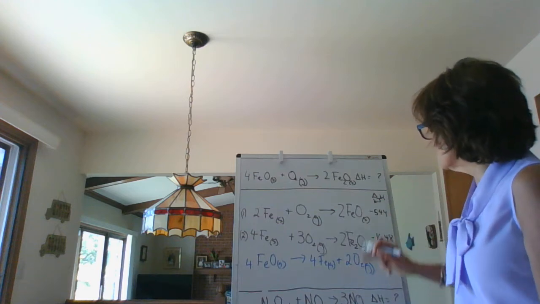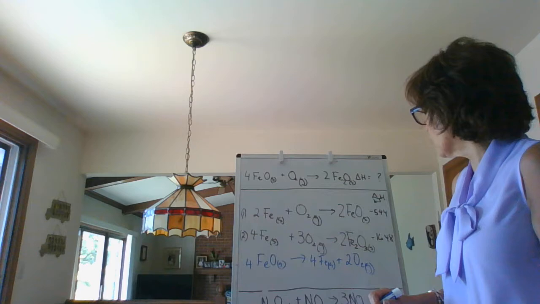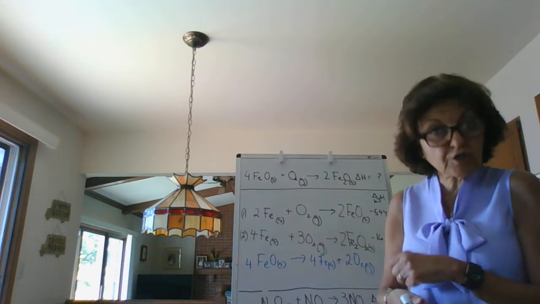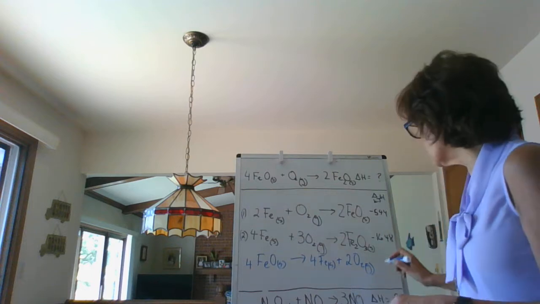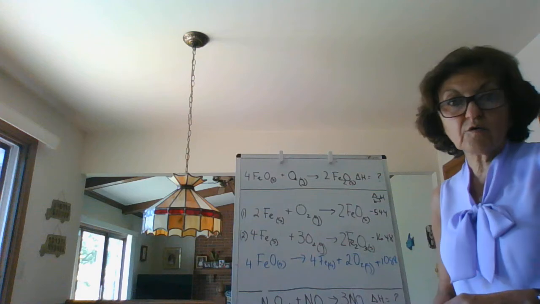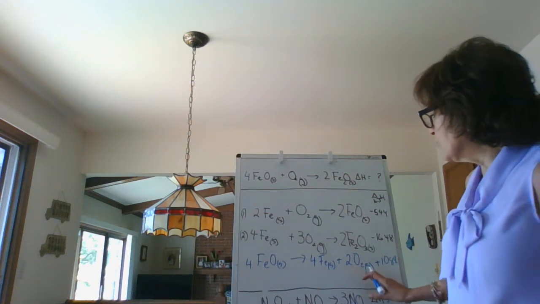So what do we do to this negative 544? We multiply it by 2, so it's 1088, and change the sign since we flipped. So it's plus 1088. Okay? Good. Now let's take a look and see. Did we do enough?